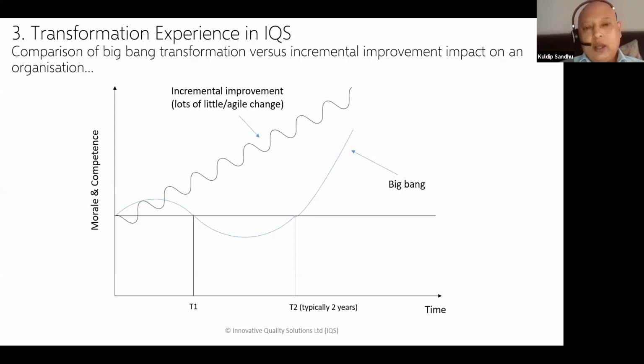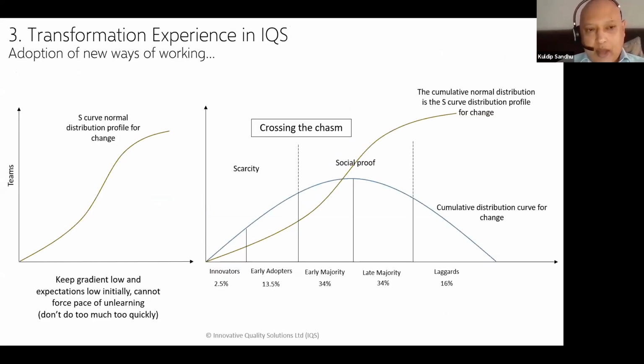If you can set the scene and bring about value in an incremental way, that gives you that enhanced morale and competency in a piecemeal way all the way through the transformation journey. Just to expand a little bit more on that, what you can see on this slide on the left-hand side is the change S-curve, where it's a normal distribution.